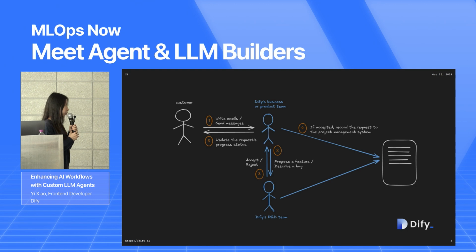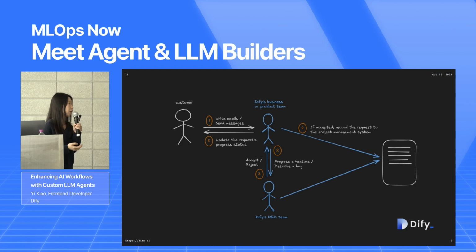And the current work process is not very efficient. It involves, firstly, the customer writing an email or sending a message to our Dify business or product team, and then they evaluate the request.